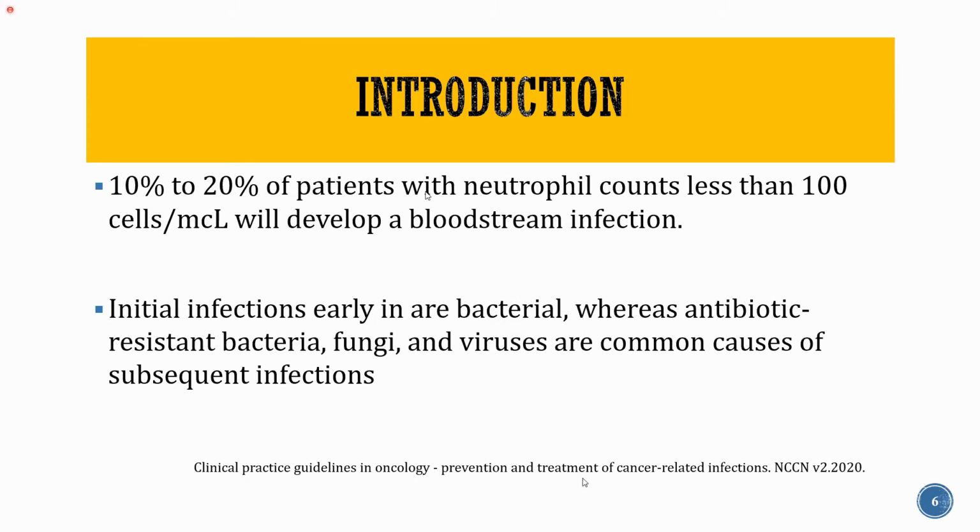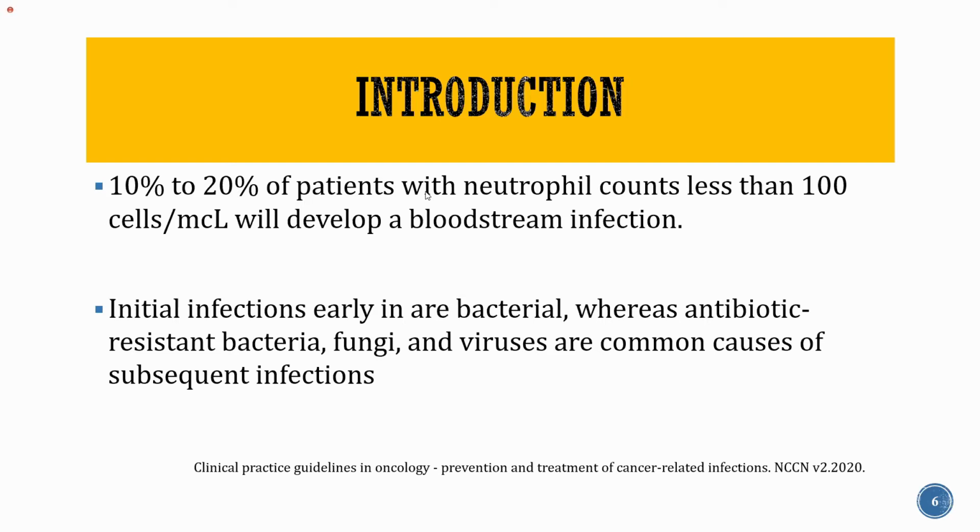So the patients who come to the hospital who are at risk of developing a bloodstream infection are those having profound neutropenia. So we grade neutropenia in 4 to 5 different grades based on NCI CTCAE grading. The normal neutrophil count is 2,000 to 7,500.